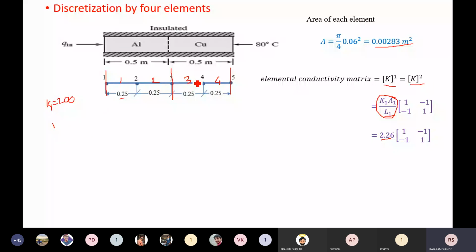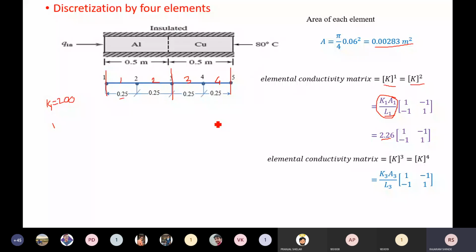Why? Because here the material is copper, conductivity is, I think, 289. The length of both elements is 0.25, and the area of both elements is 0.00283. So the conductivity matrix for the third element and fourth element is the same. Now it is K3A3 by L3. Now you put the values of K3, A3 and L3.